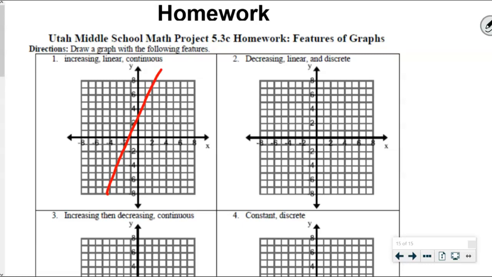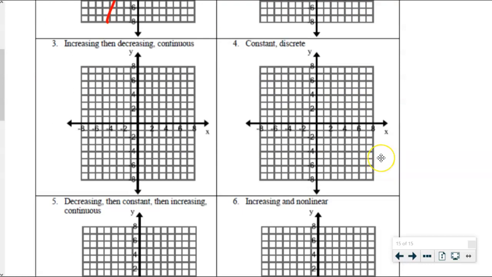That's perfect. It's a straight line. It is going up as we go from left to right, and he traced the whole thing without picking up his pen once, so it fits all of those. Increasing, linear, continuous.